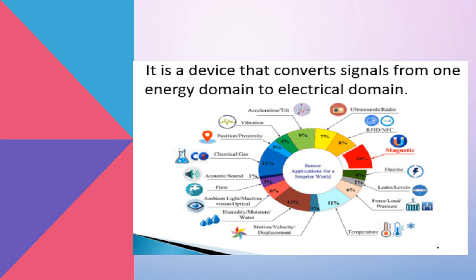So a sensor is actually a device that converts signals from any one energy domain to the electrical domain. For example, there are multiple sensors like infrared sensor, ultrasonic sensor, camera sensor, smoke detection sensor, temperature sensor, and there are also some real world examples of sensing, including the conversion of heat into electrical signals in a temperature sensor, or atmospheric pressure converted to electrical signals in a barometer.